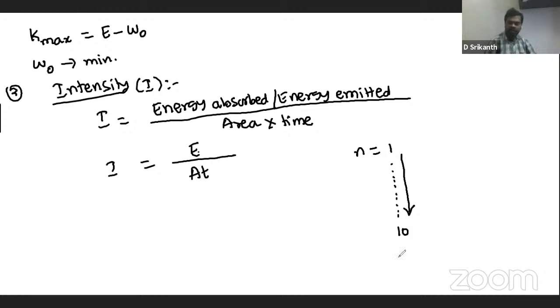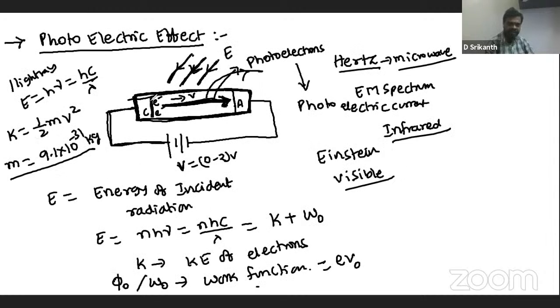That means here you can see on the cathode surface, initially only one electron is emitted or ejected. As the intensity increases, more number of electrons will be ejected.